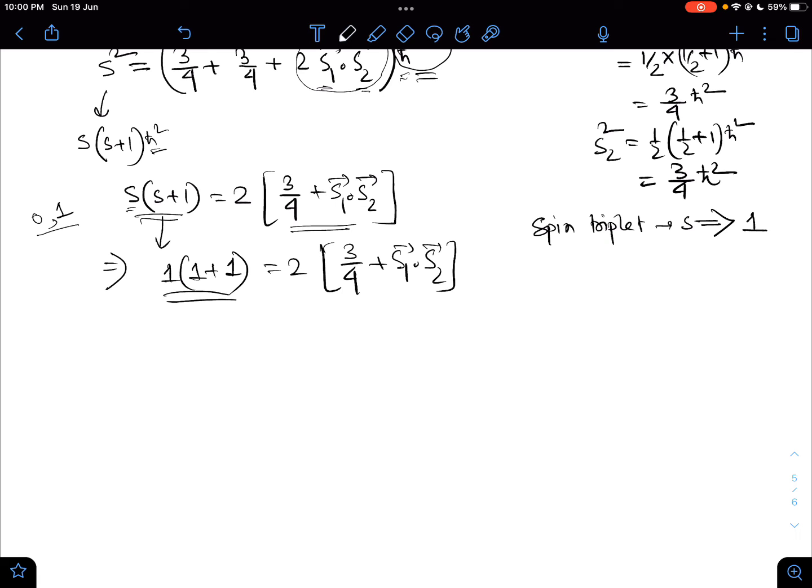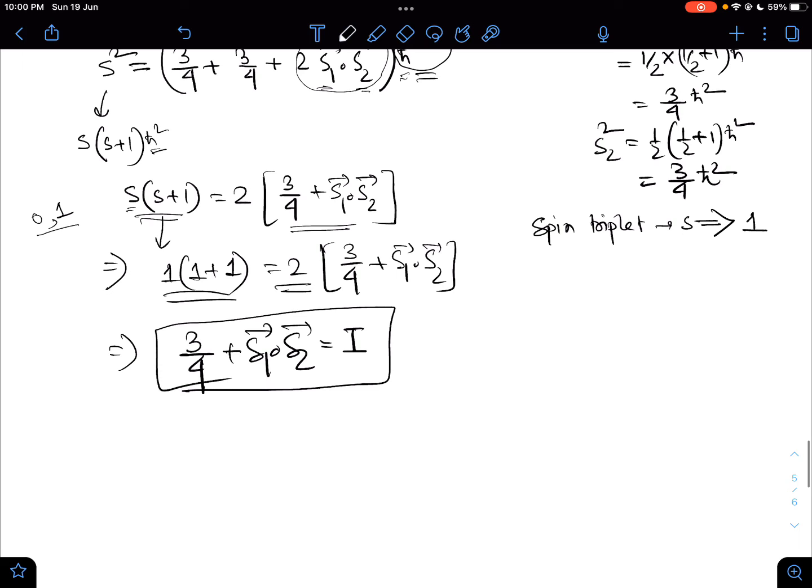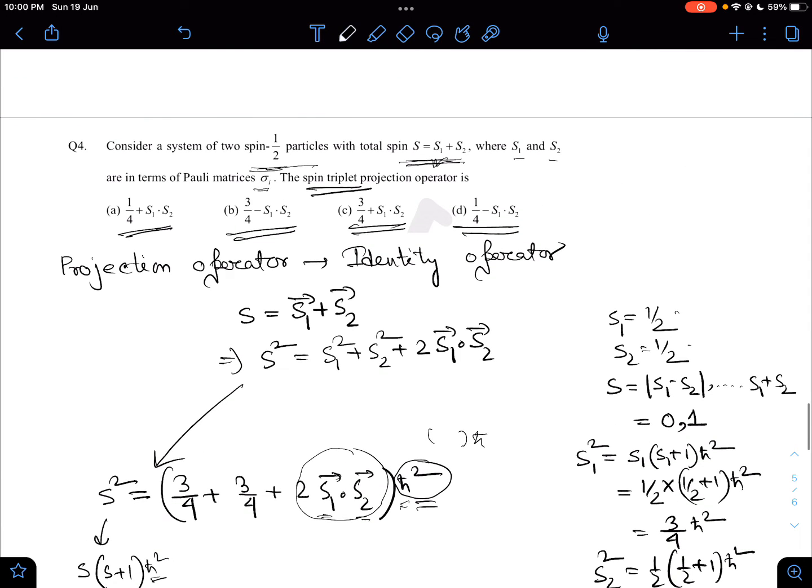So these values are both 2, and we are left with 3 by 4 plus S1 dot S2, which is I. We know that our projection operator has a similar value as identity. So our spin triplet projection operator will be 3 by 4 plus S1 dot S2. So this is our correct answer.